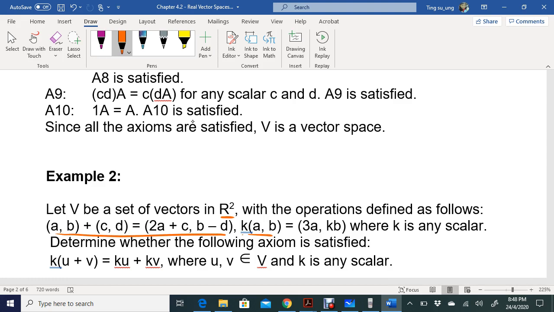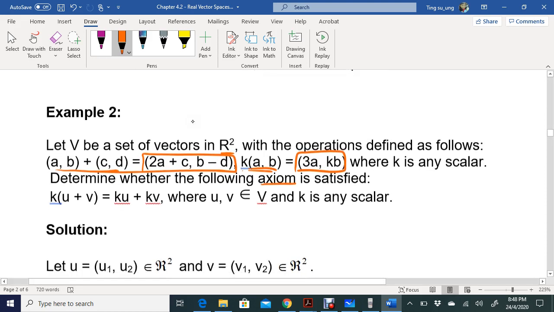So it means that this is the answer for the addition, and this is the answer for scalar multiplication. You may need to determine whether the axiom is satisfied or not. If not satisfied, it means V is not the real vector space of dimension 2. Is it okay? So how to write it, how to prove it?